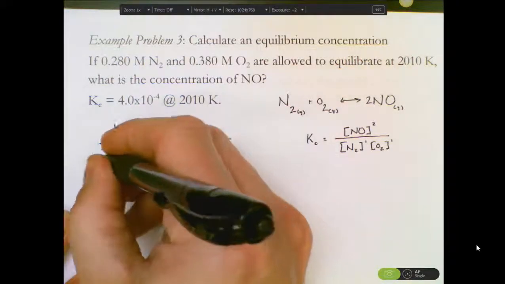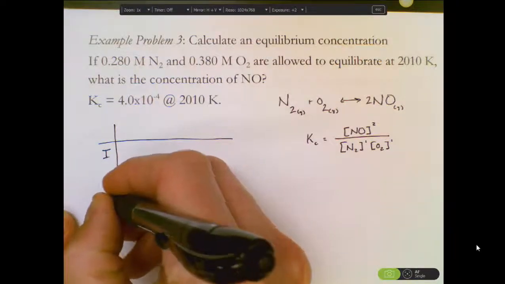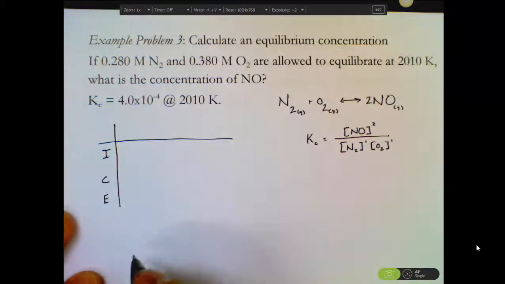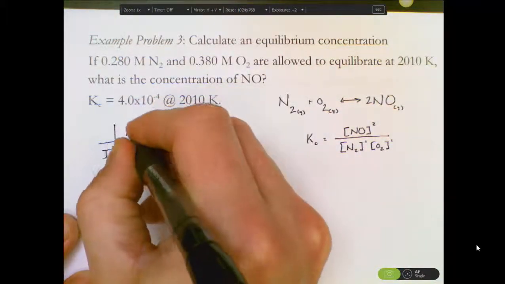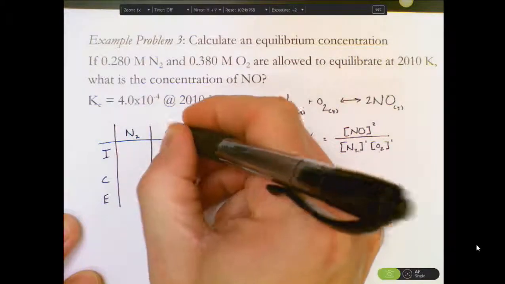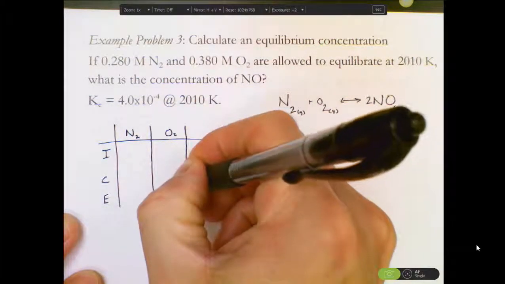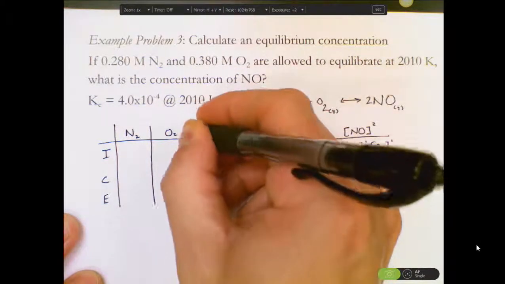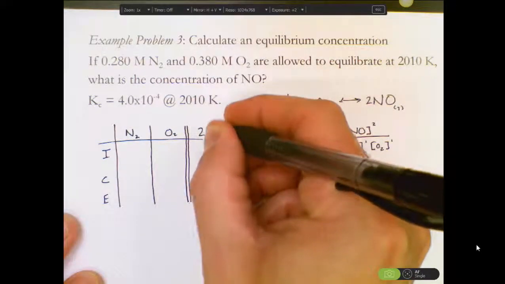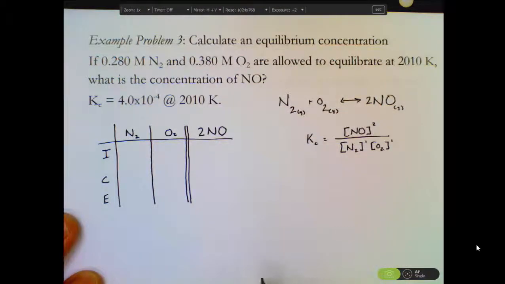Again, I need I, C, and E for my initial, change in concentration, and equilibrium concentration. Put your substances from your equation up into your ICE table. I like to separate my reactants from my products because we use something a little bit different on the product side.